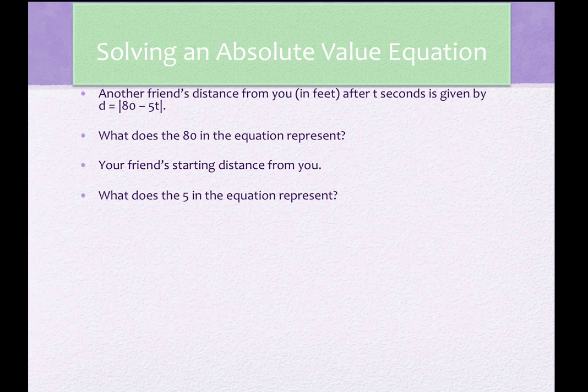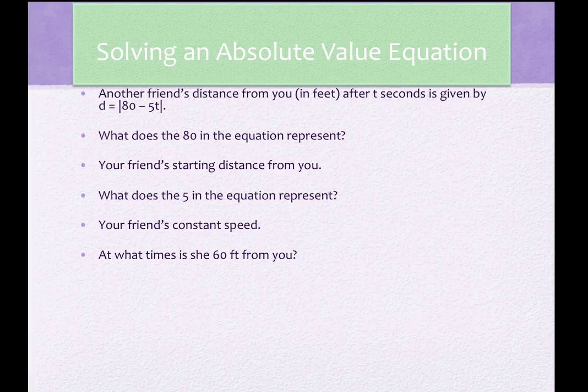Next, what does the 5 in the equation represent? Well, that's your friend's speed, just like in the last one, it was 20 feet per second. And then it says, at what times is she 60 feet from you? So we're going to put 60 in for d.